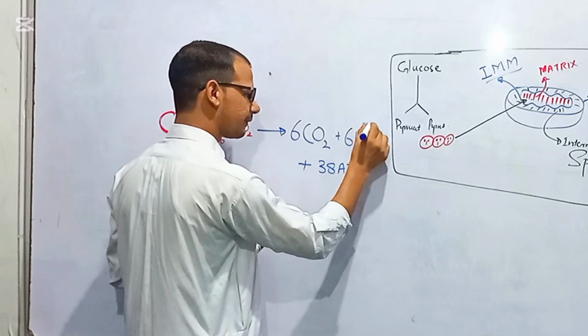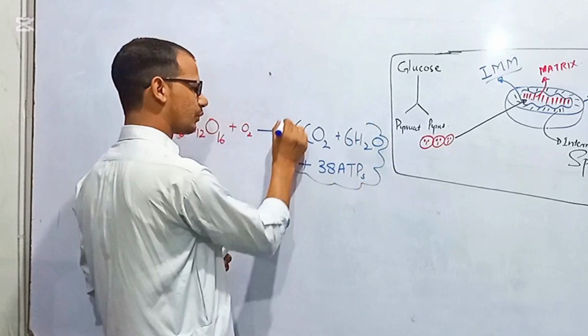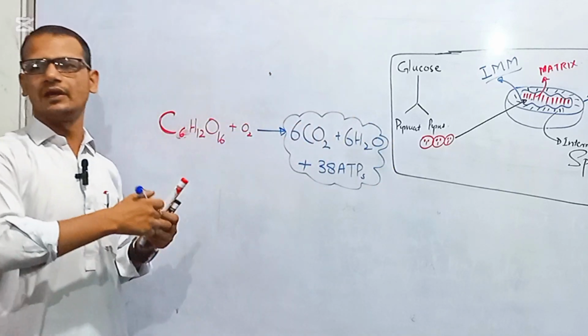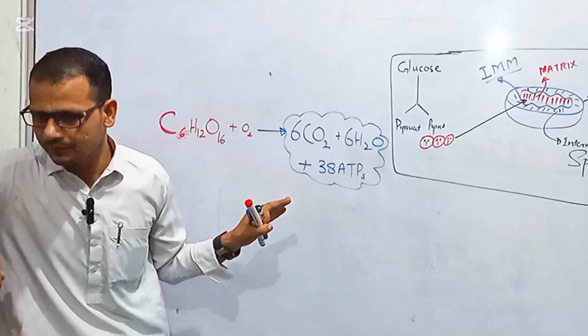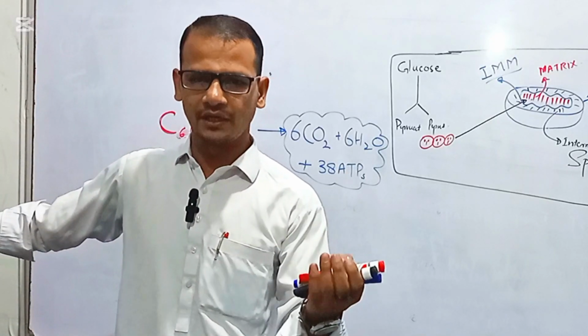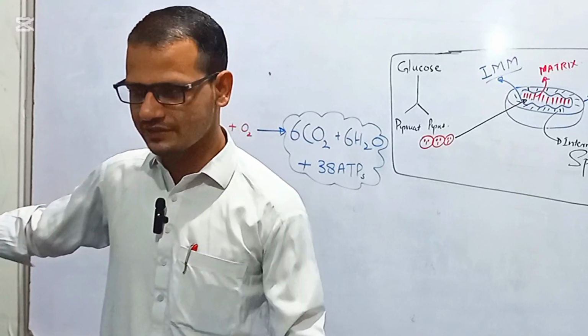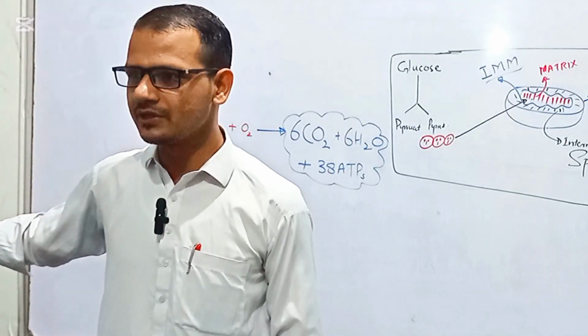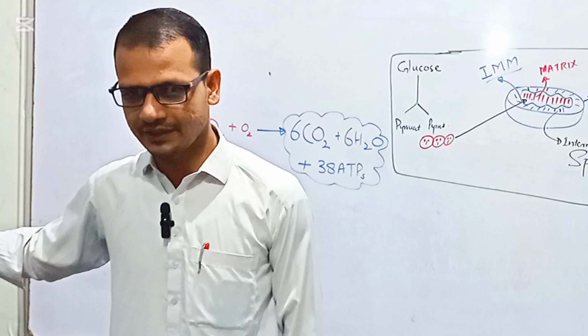It is in the form of aerobic respiration when abundant oxygen is present in the cell, or the mitochondria is present in the cell, because we have cells in the body which don't have mitochondria, and those cells are RBCs, erythrocytes, right?